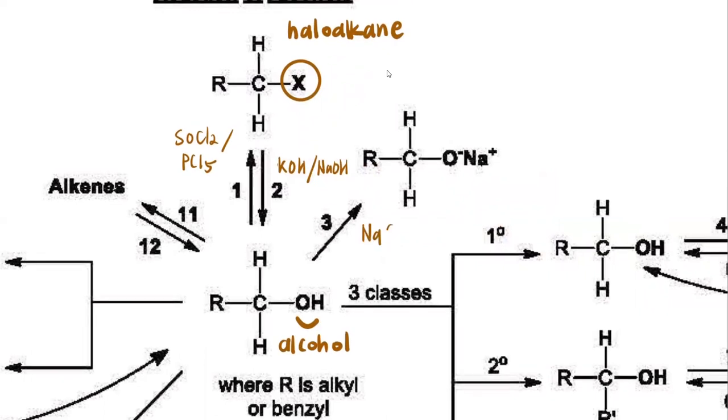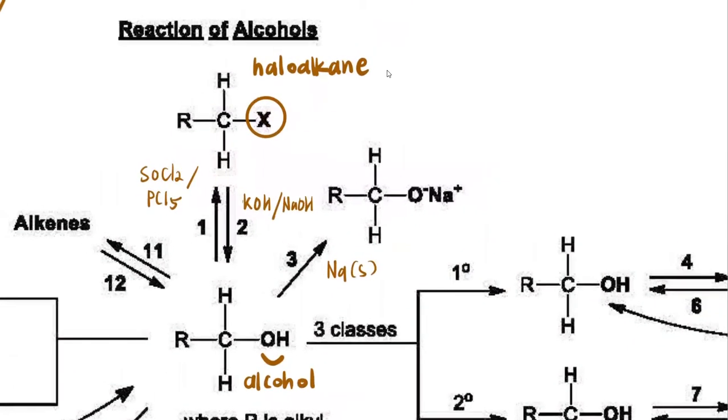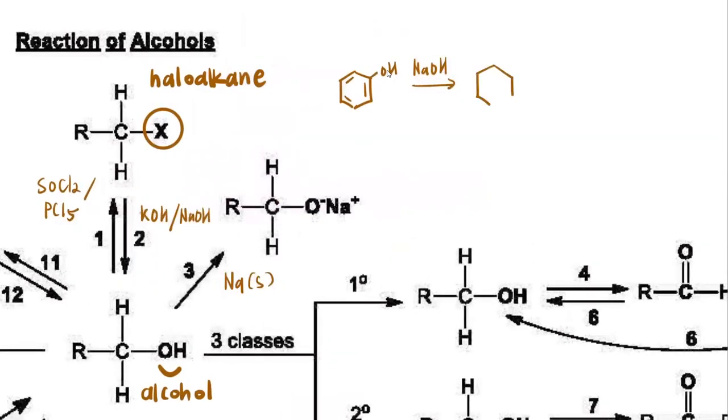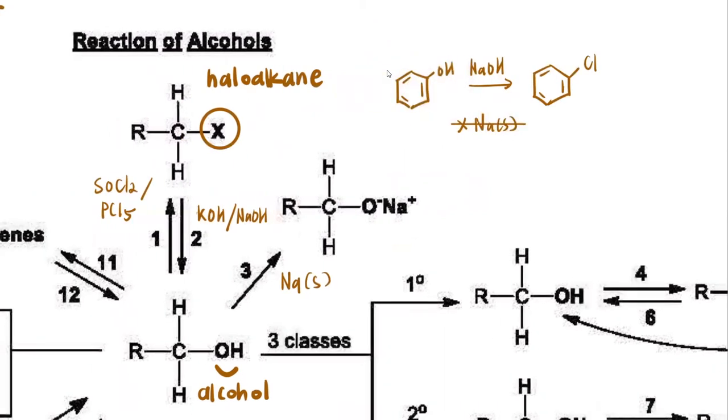Na metal solid. This one is for aliphatic. If you have aromatic, for example, aromatic alcohol, then you can use sodium hydroxide. Aromatic alcohol cannot use sodium metal. It's too reactive, cannot. So probably we are just using hydroxide, sodium hydroxide or potassium hydroxide.